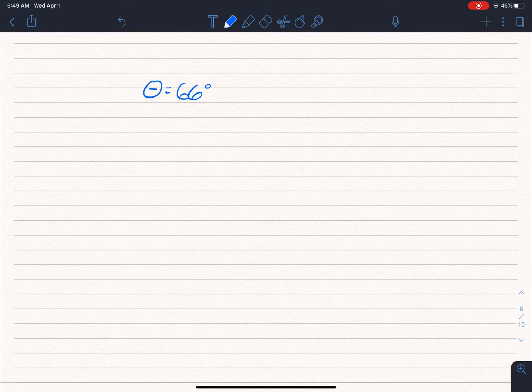Like we said yesterday, to convert to radians, you just multiply by pi over 180. So if we took pi over 180 and multiplied that times 66 degrees, the degrees cancel out, and we would get 66 pi over 180.